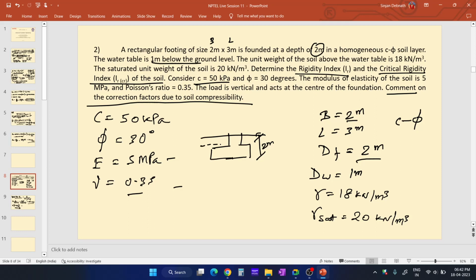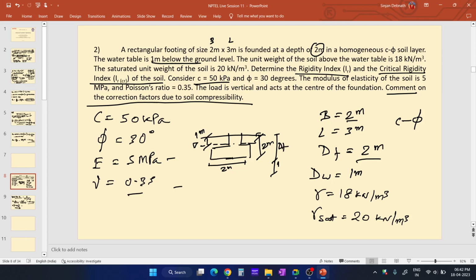So we need to find out the effective overburden pressure at dF plus B by 2. That means dF is 2 meter plus B by 2. B is 2 meter, so half is 1 meter.